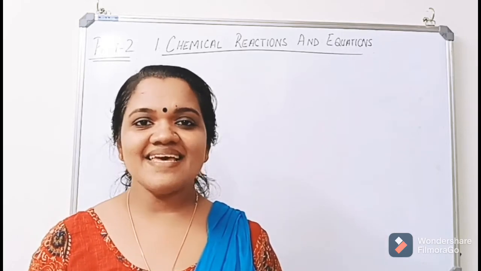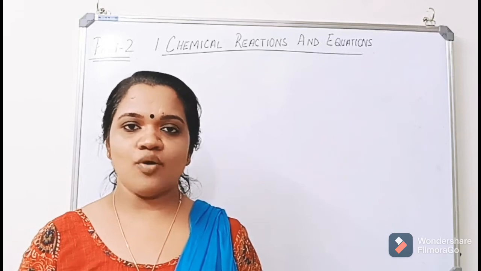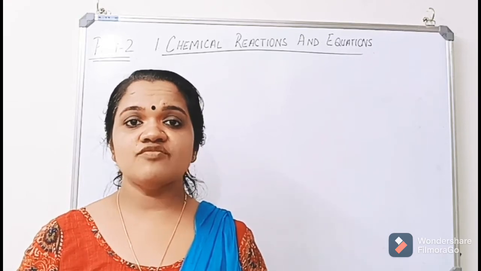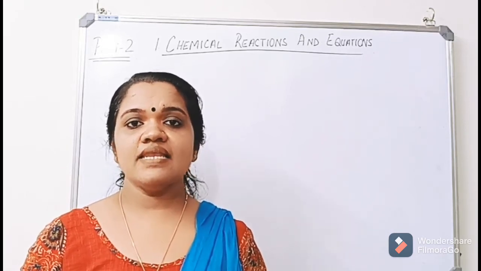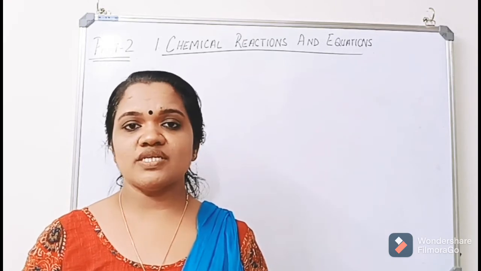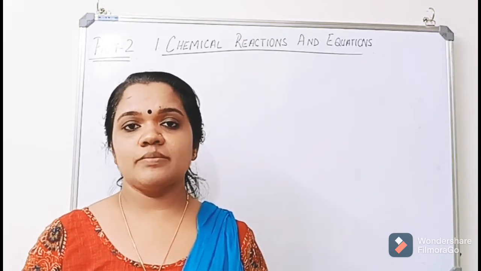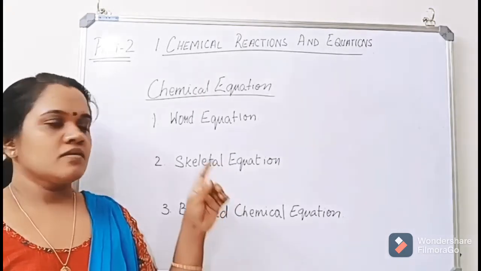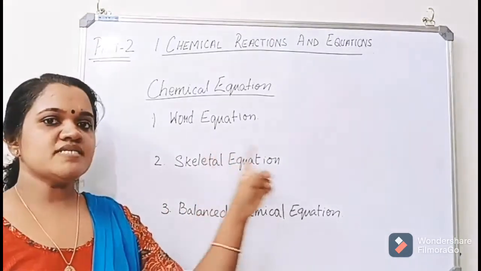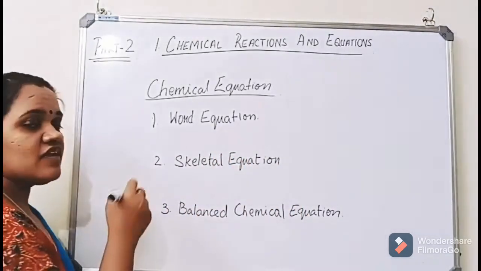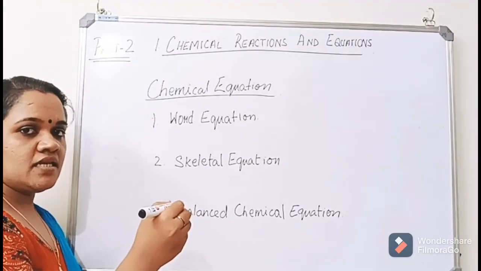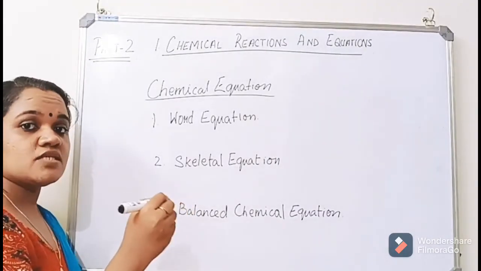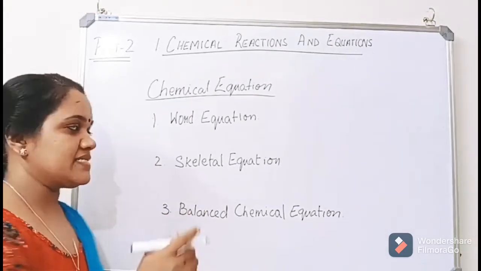We can represent a chemical equation in three forms. The first one is the word equation, the second is the skeletal equation, and the third is the balanced chemical equation. The word equation. What is a word equation? When we represent a chemical reaction using words, meaning using the names of the chemicals.